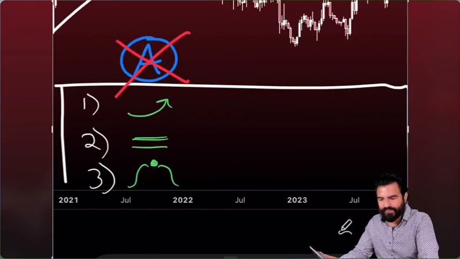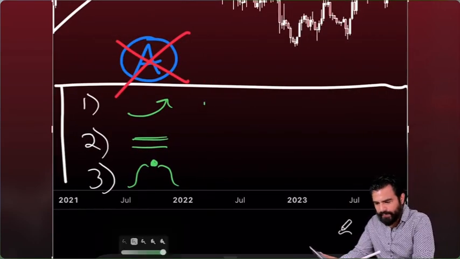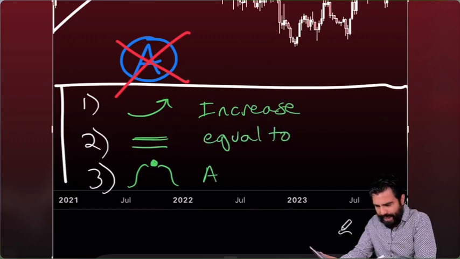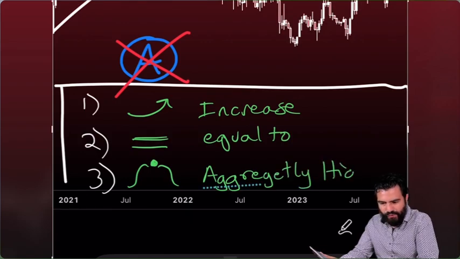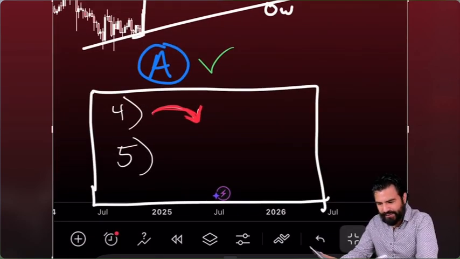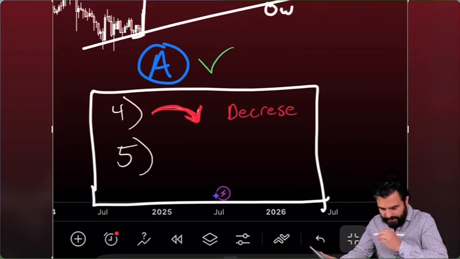The symbols. Okay? Increase, equal to, and aggregately high, which means high overall. Okay? This one, decrease. And what was the last one? Who remembers what it is?